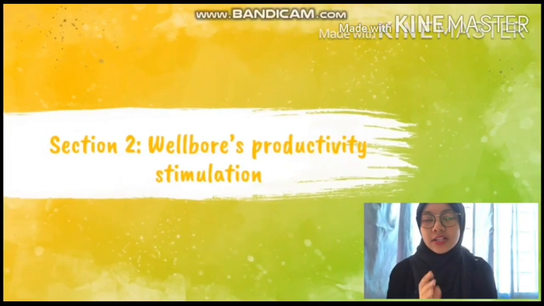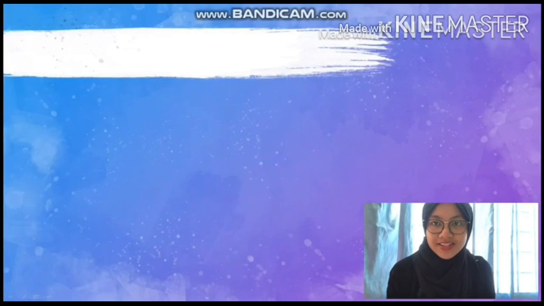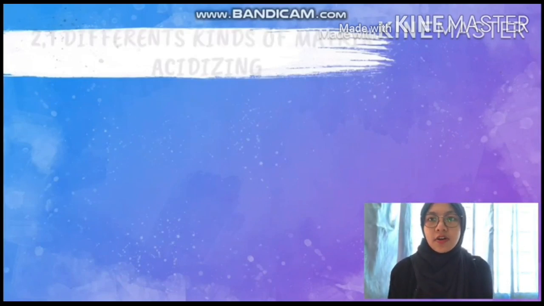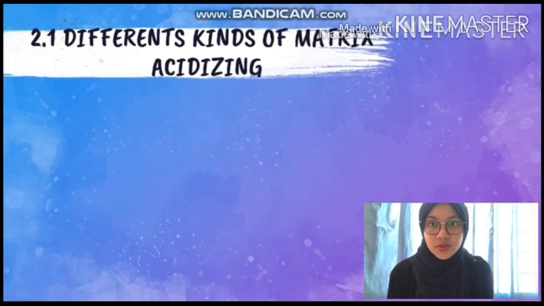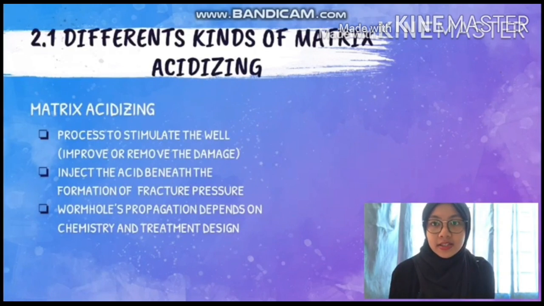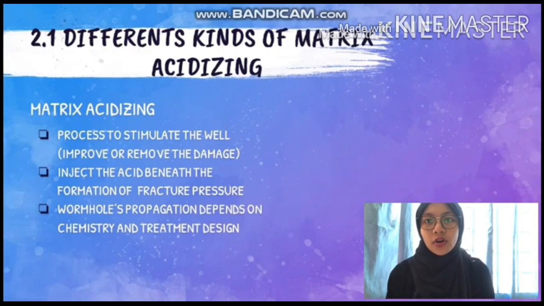Hi, so I will explain more on section 2, which is the wellbore stimulation. In the wellbore stimulation, we have different kinds of matrix acidizing. The first one is matrix acidizing. So what is matrix acidizing? Matrix acidizing is a process that we use to stimulate the well, either to improve it or to remove the damage of the well.